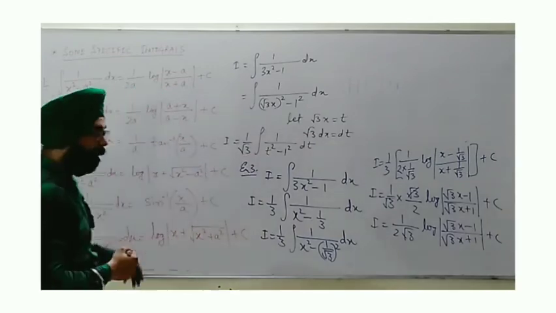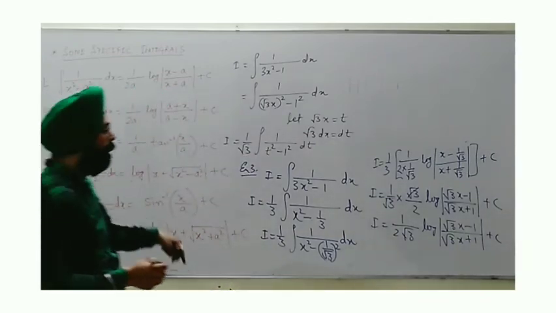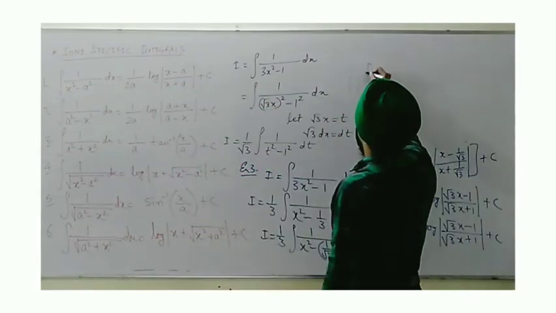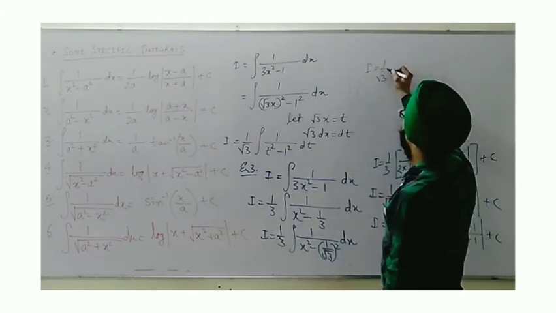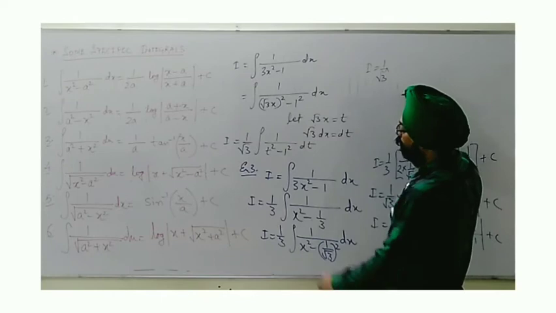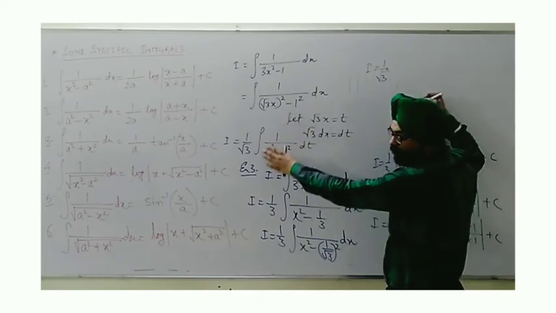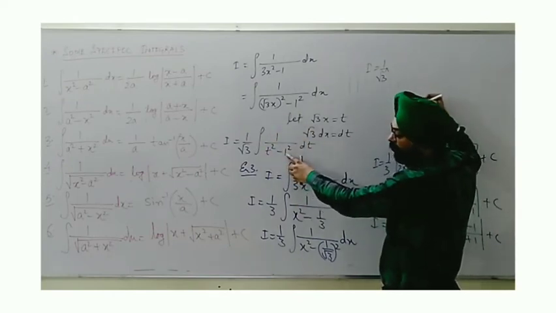Now directly the same identity can be applied and we find I as 1 by root 3 times 1 upon 2a. So what is the value of a in this pattern? Be careful. In this pattern the value of a is 1.